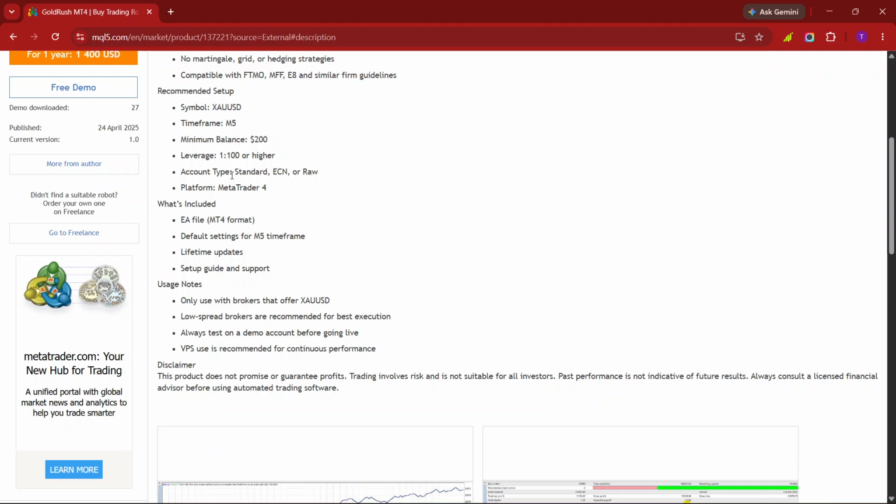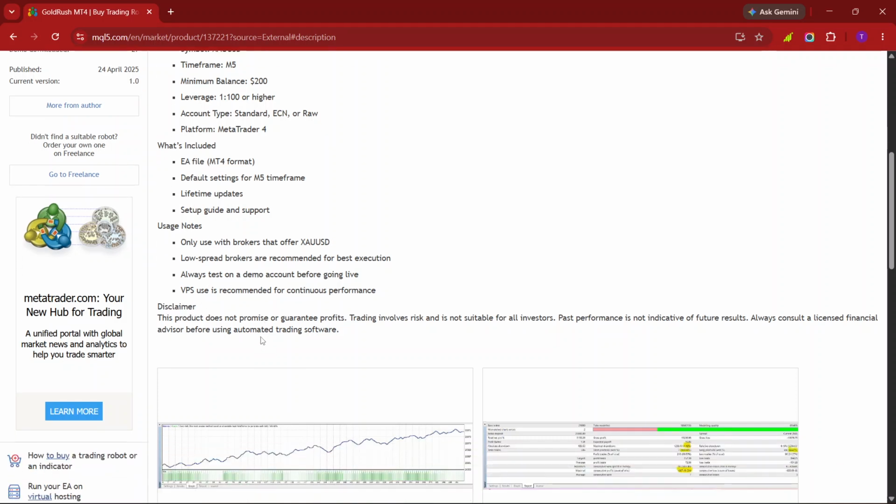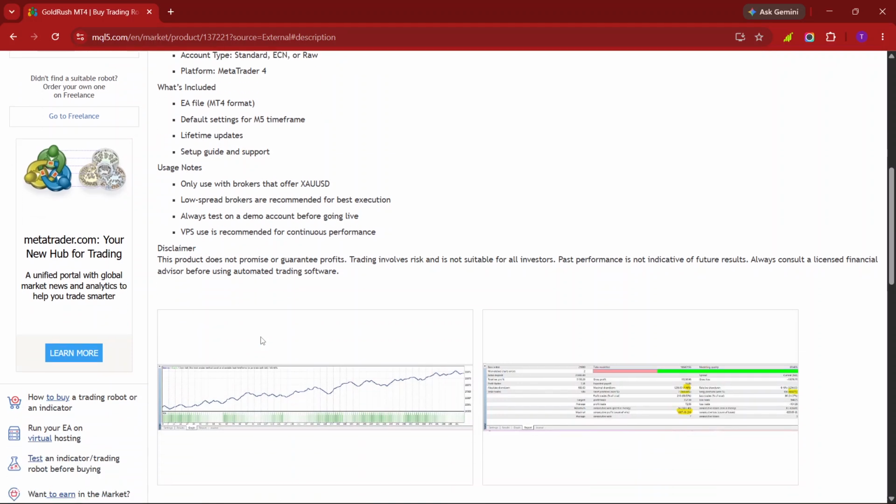Now they say low spread brokers are preferred, and they push using a VPS for continuous running. It also includes the usual disclaimer that past performance isn't indicative of future results and that trading involves risk, as the strategy risk is presented by the seller.